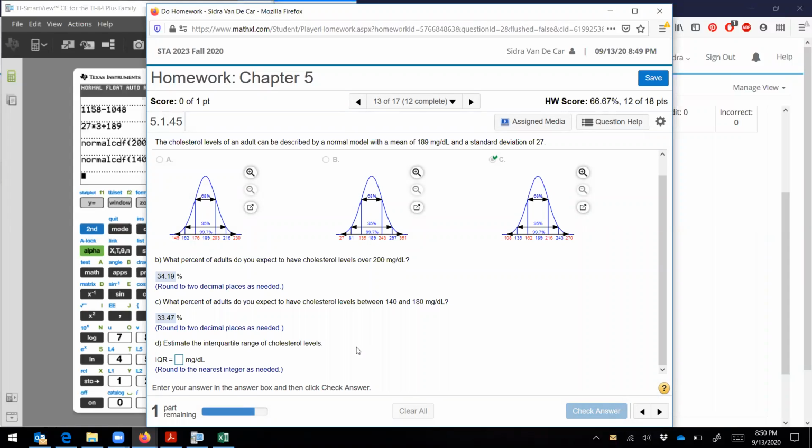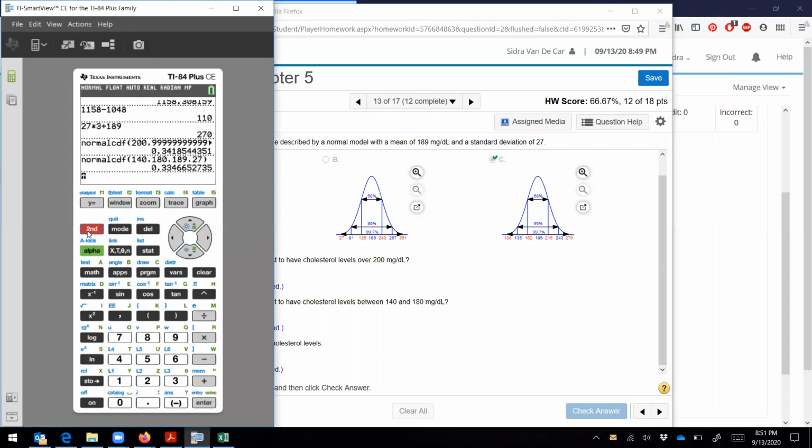Estimate the interquartile range of cholesterol levels. Okay. So let's find the 25th percentile. So we're going to go second distribution, inverse norm, the 25th percentile, so 0.25, mean of 189, and the standard deviation of 27.